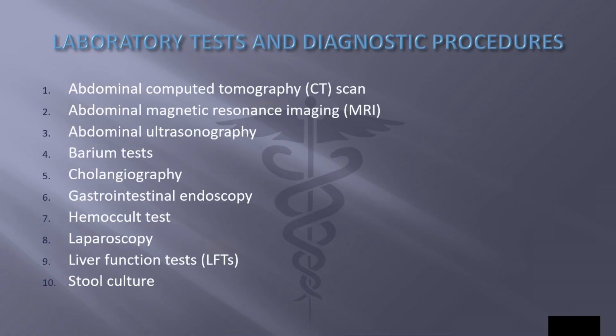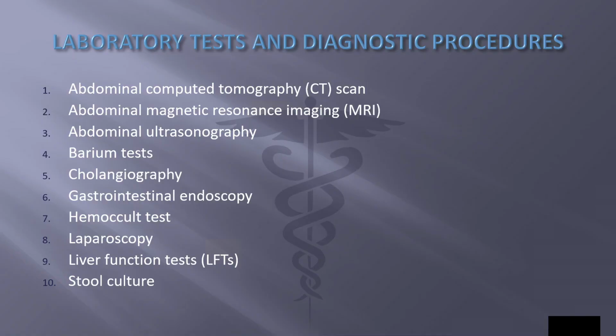Next are our laboratory tests and diagnostic procedures for the digestive system. Abdominal computed tomography, or CT scan, a series of cross-sectional X-ray images that show abdominal organs. Abdominal magnetic resonance imaging, or MRI.